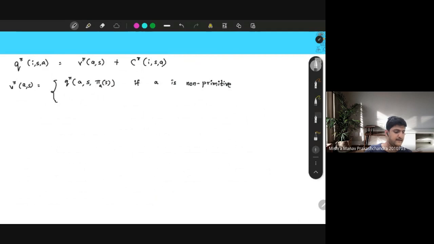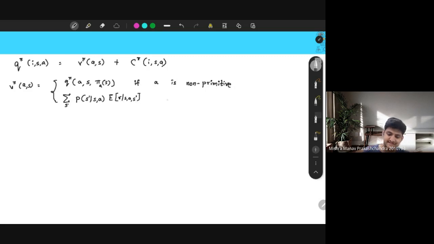Okay, if it's a primitive action, then I simply give the termination reward condition, which is s prime. So you have p of s prime given s comma a times the expectation of reward for the s, a, s prime combination.